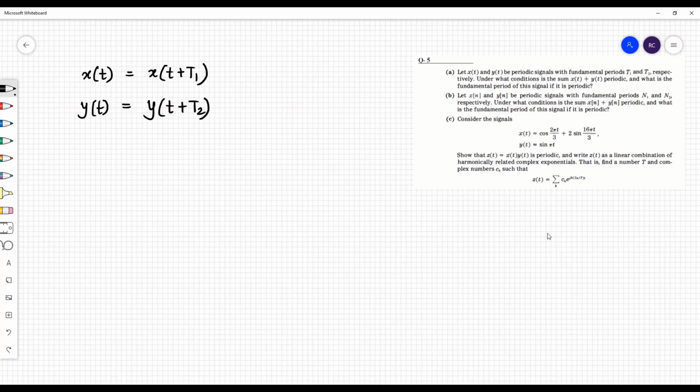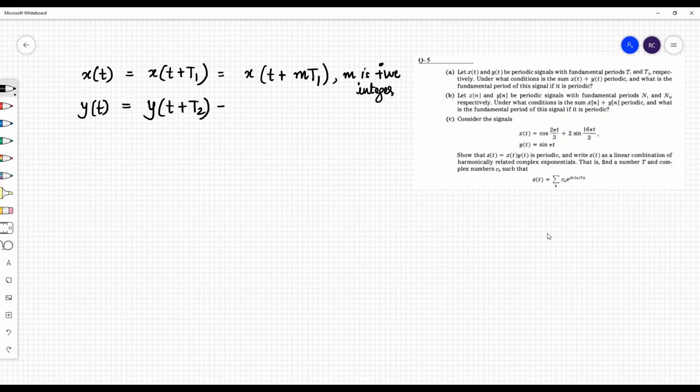Now if x(t) is x(t plus T1), this is for one period, right? This T1 is one period. Now, would this not be true for an integral number of such periods? So, for example, if I was to write x of t plus m times T1, where m is a positive integer, this is still going to be true.